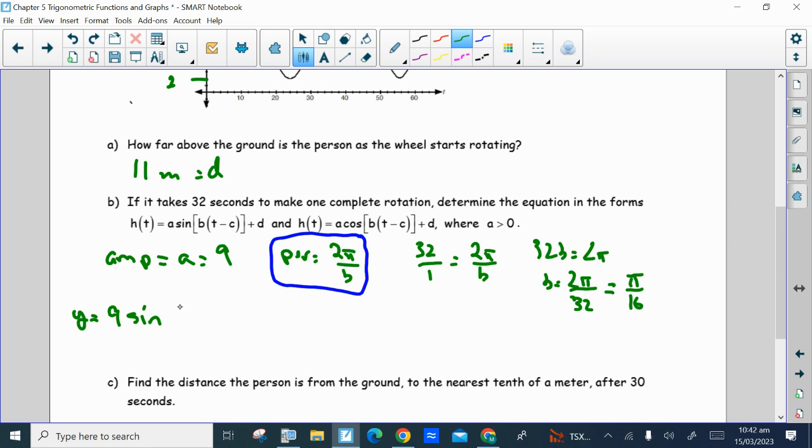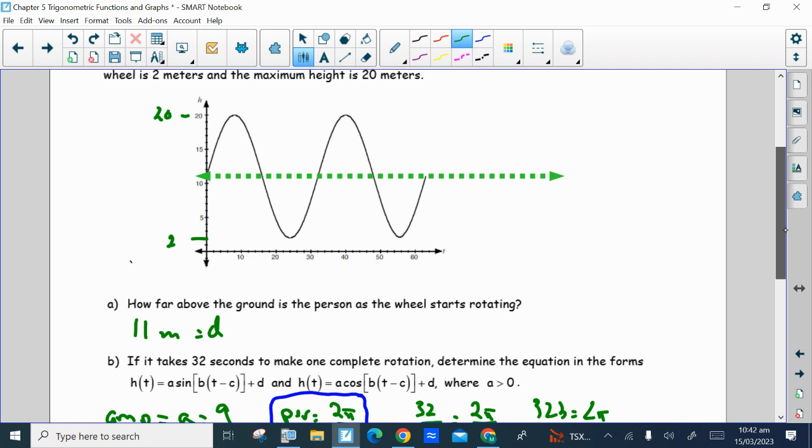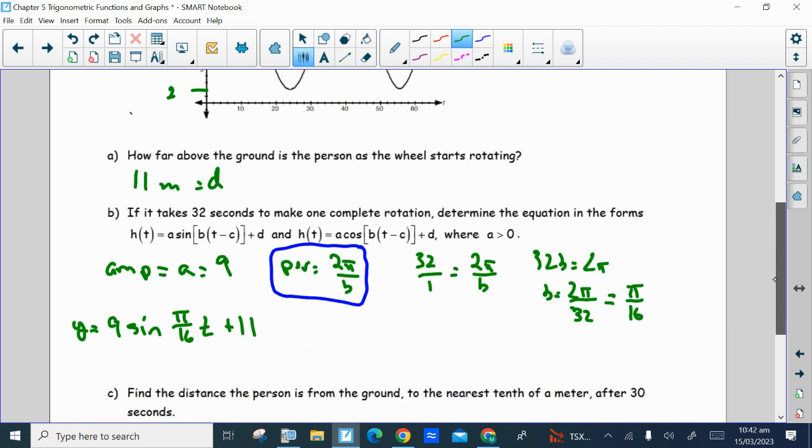Our b value is pi on 16, so it'll be pi on 16 times t, and our d value is plus 11. If it's a sine function, remember that sine starts in the middle heading upwards. That's where this graph is starting. It's starting on the horizontal midline heading upwards. So for a sine function, there's been no horizontal shifting or no phase shift. Or we could say c is 0.